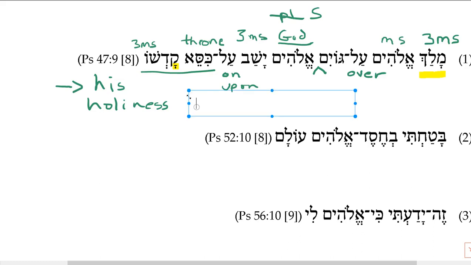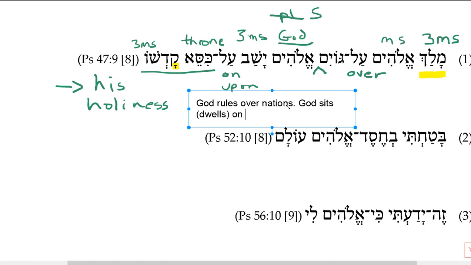So let's type that out. God rules over nations, and I'll put a period there, and then God sits, I could say dwells or sits, on the throne of his holiness.